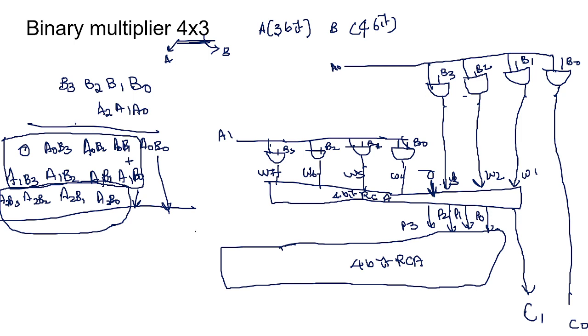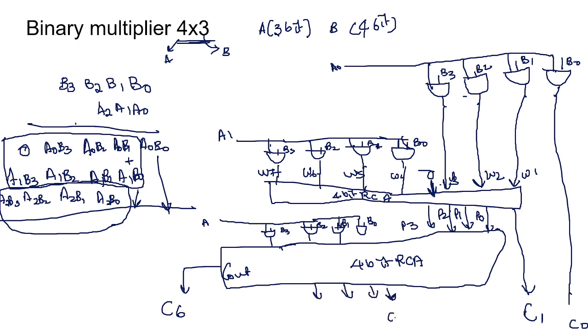Now I have to add with A2. So A2B3, A2B2, A2B1, A2B0. The final output will be C6 as the final carry out, and then there will be 4 sum outputs C2, C3, C4, C5.